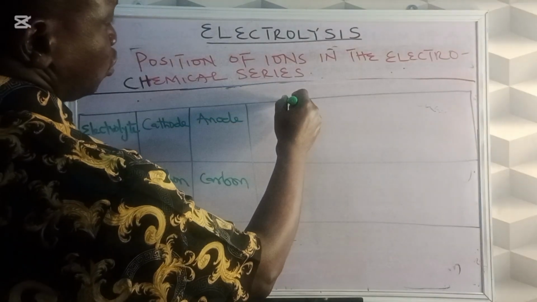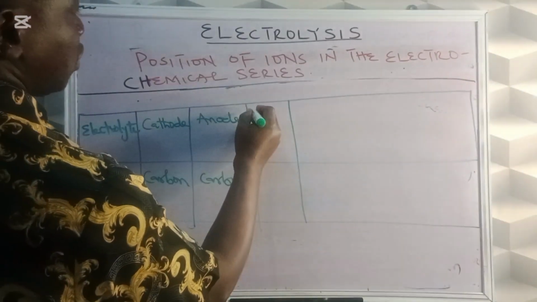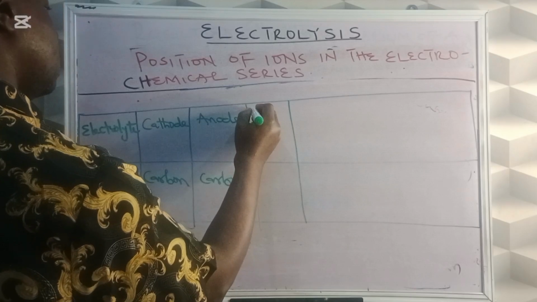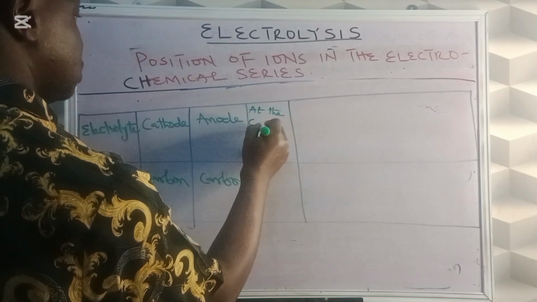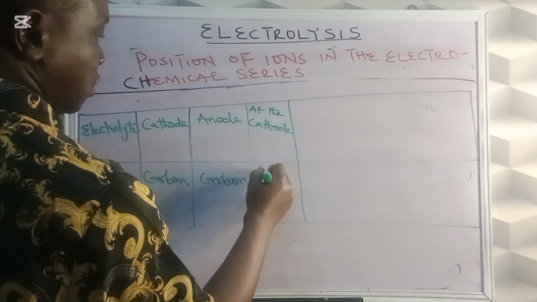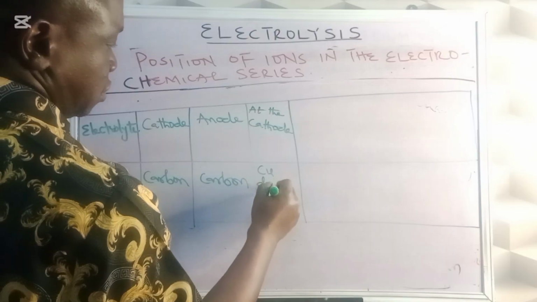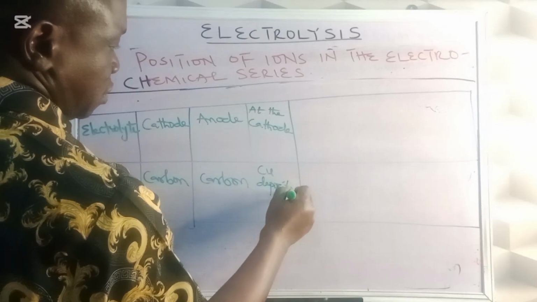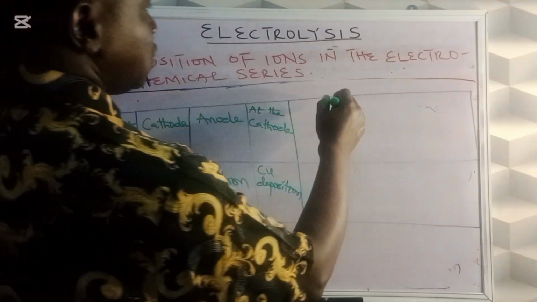So what happens at the cathode? At the cathode, we have copper deposition, meaning copper is deposited at the cathode.